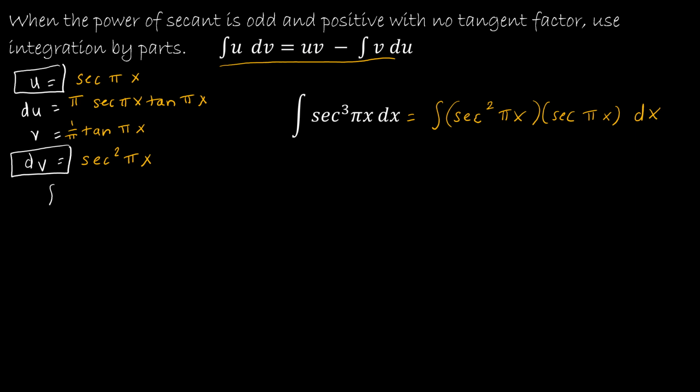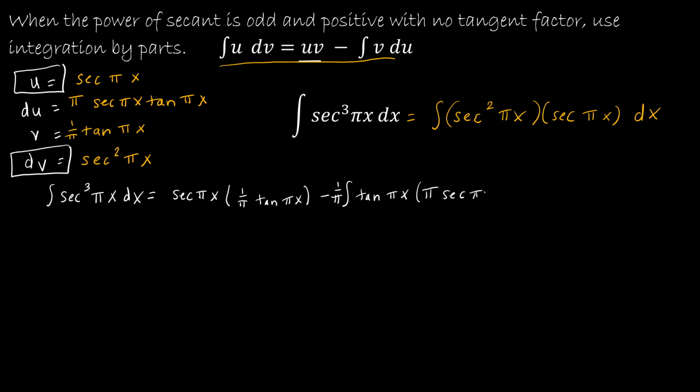So I have that the integral of secant cubed pi x dx is equal to u times v, so secant pi x times 1 over pi tangent pi x minus the integral of v, which is 1 over pi, I'm going to put the 1 over pi on the outside, tan pi x times du, which is pi secant pi x tangent pi x.